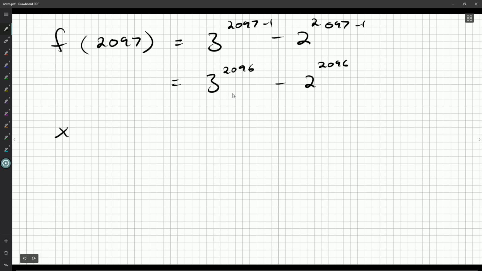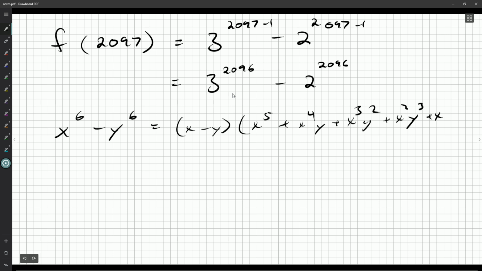For example, x to the 6 minus y to the 6 can be written as x minus y, x to the 5, x to the 4y, x to the 3y squared, x to the 2y cubed, x, y to the 4, y to the 5. But it doesn't have to be written like that. You could take out x cubed minus y cubed and x cubed plus y cubed.